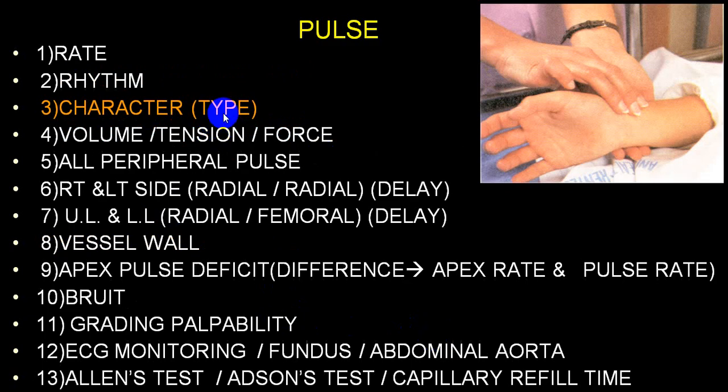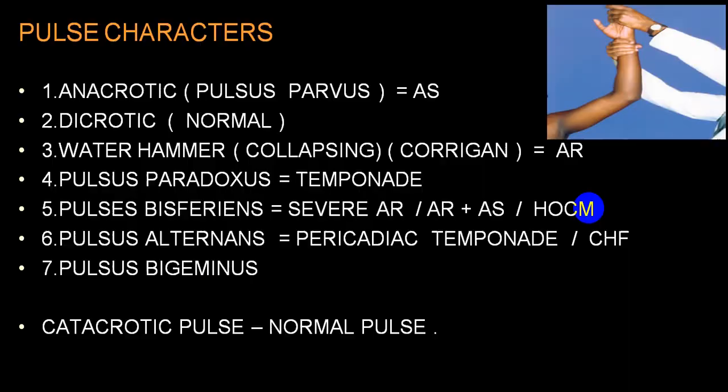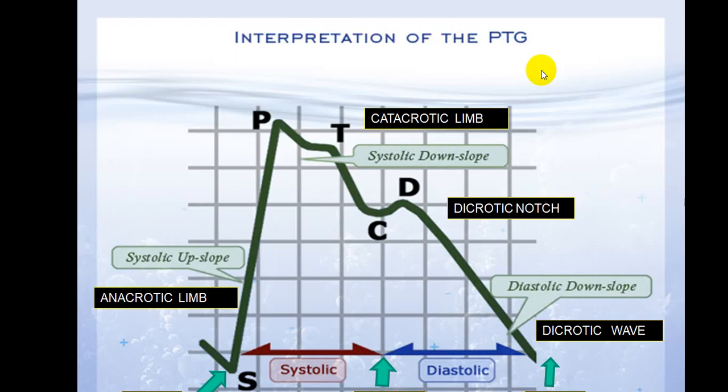Now we come to the character. Ideally, it is quite difficult to identify the character. You will be able to pick up the character if you get a plethysmograph, that is a recording or tracing of an arterial pulse, particularly the carotid pulse.